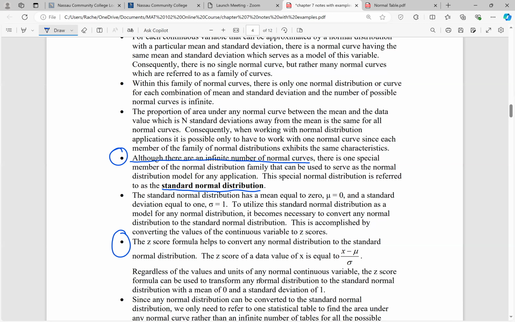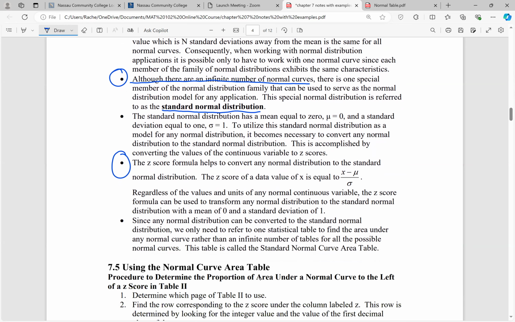And we need to use the z-score formula to convert any normal distribution to the standard normal. So we're getting rid of units and we're putting everything in terms of z-scores. And here's just a review of our z-score formula. And we have this one table, the standard normal table, that we're going to refer to in order to find areas under this normal density curve.